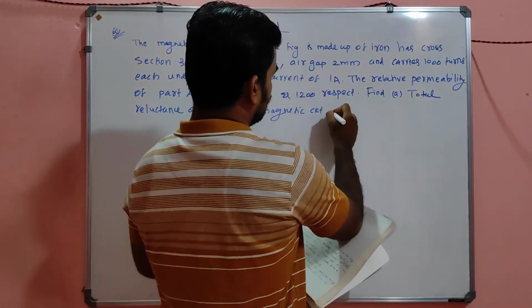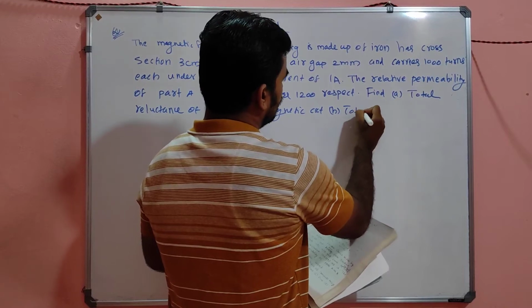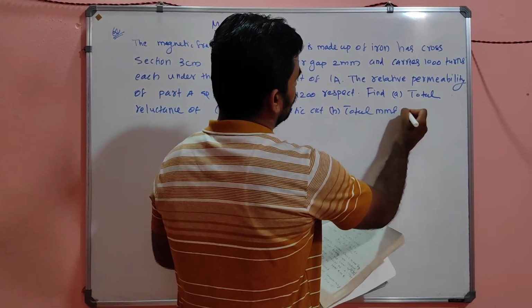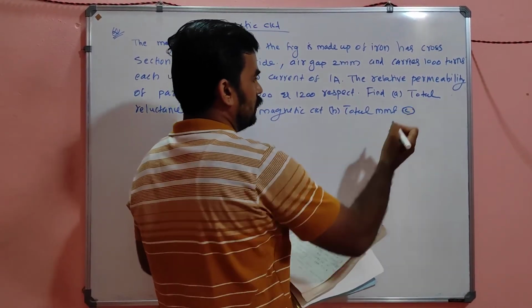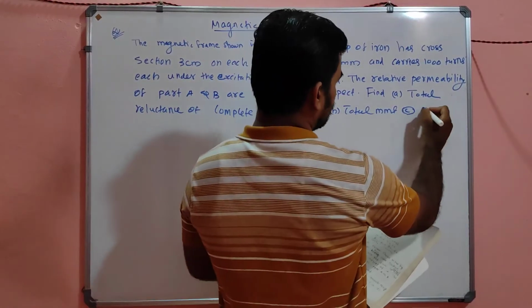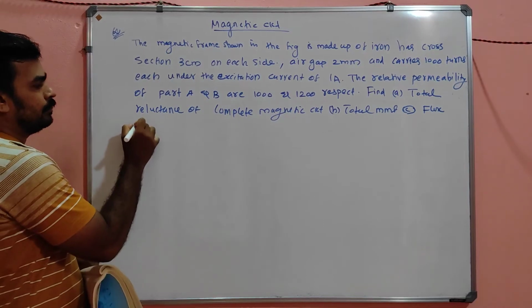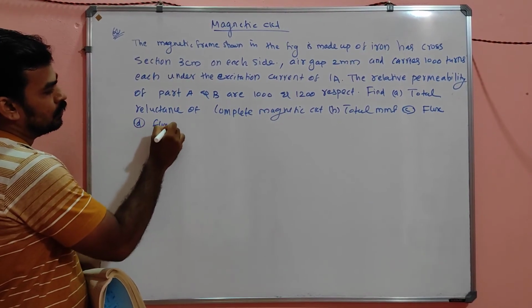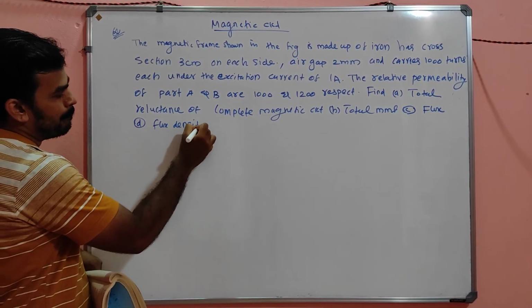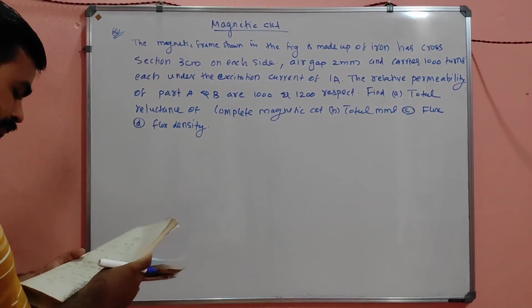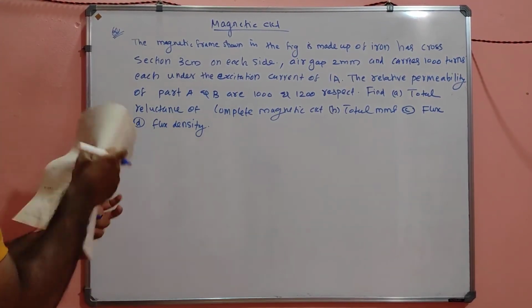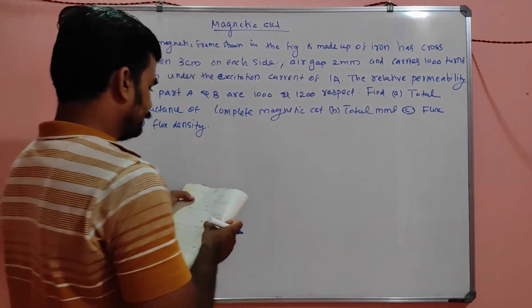B, total mmf. C, flux, and D, flux density. Through the figure, my dear, I will tell that later.